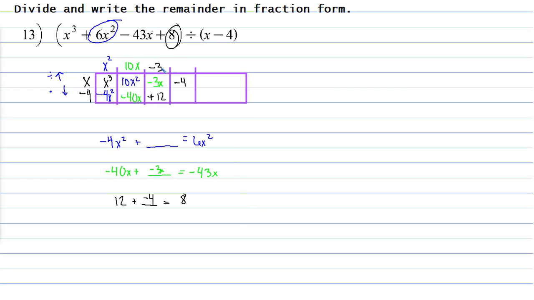And since my previous one did not have a variable, this is my remainder column. And so now we're ready for my answer. X squared plus 10x minus 3. My remainder was negative, so I can put a minus sign. And that's 4 over x minus 4.